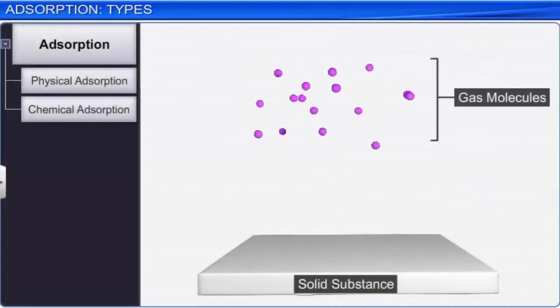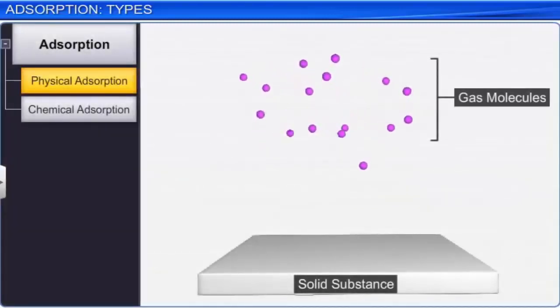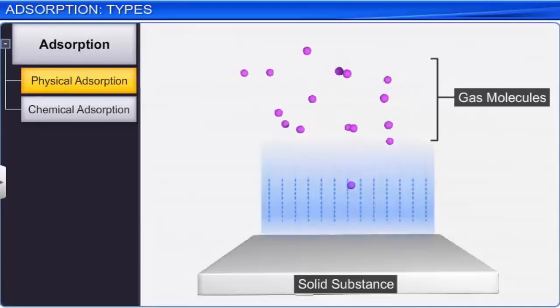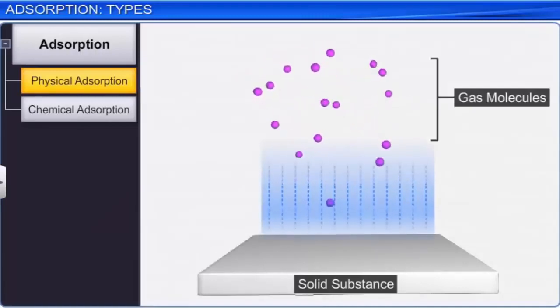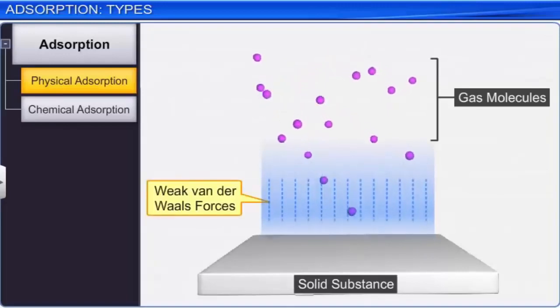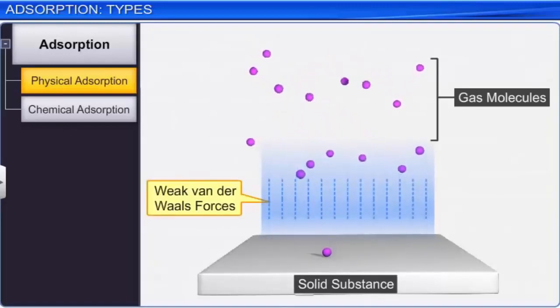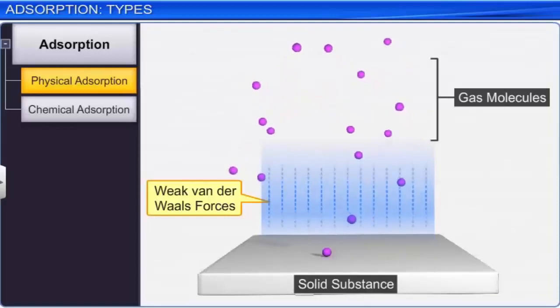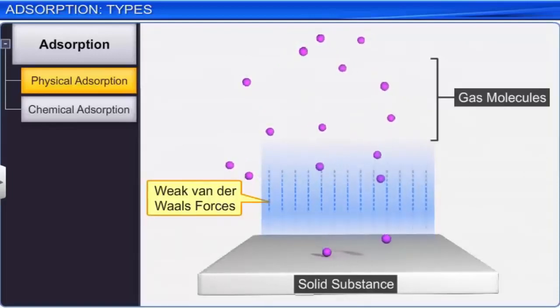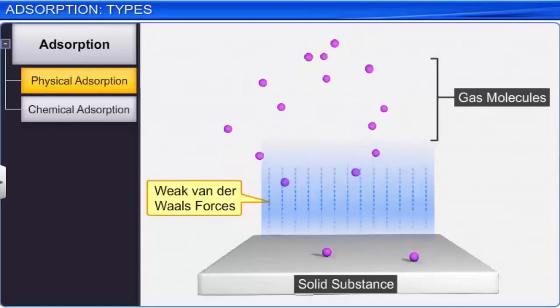Let us discuss physical adsorption first. When gas molecules or atoms are held to the surface of a solid by weak van der Waals forces, then it is called physical adsorption. Physical adsorption is also known as physisorption or van der Waals adsorption.